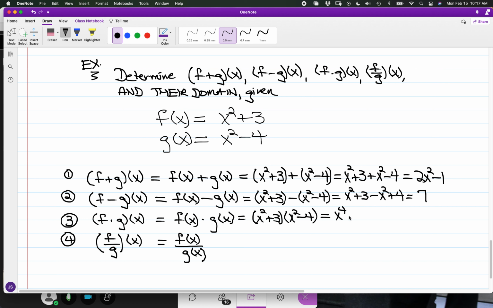Outside and inside products, we have negative 4x squared plus 3x squared. Last product, we have negative 12. Then the final output is x to the 4th minus x squared minus 12.